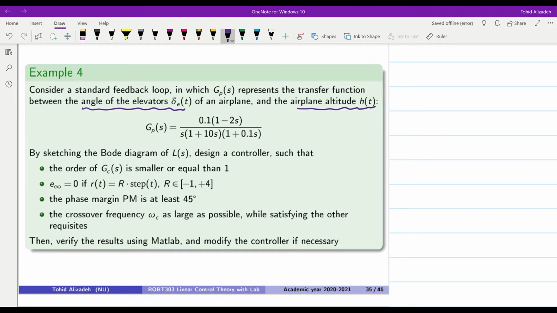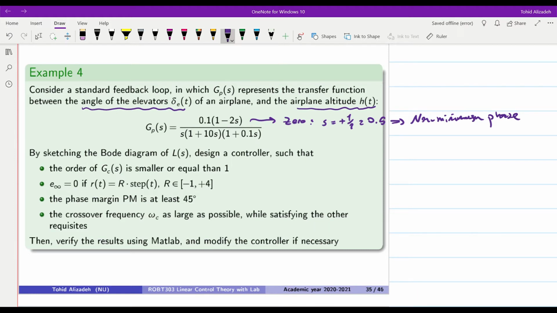We had this in past years. We have considered the example already. So you can see that here we have a zero at s equal to plus 1 over 2, or 0.5. So we have a non-minimum phase system.